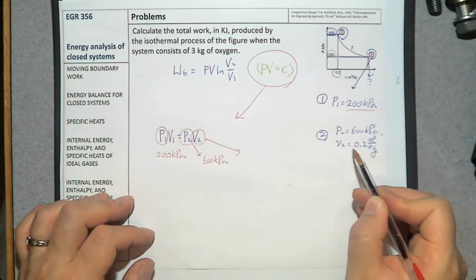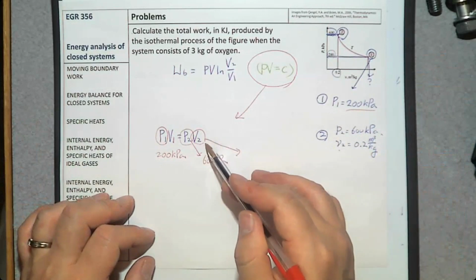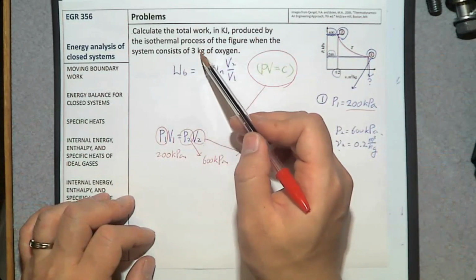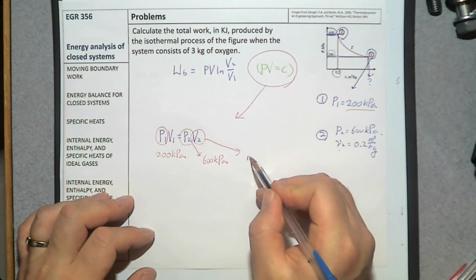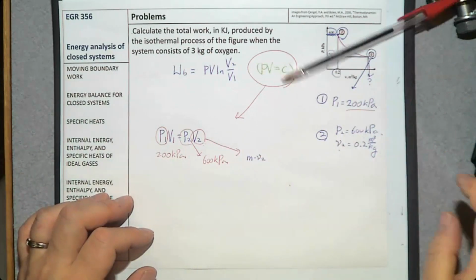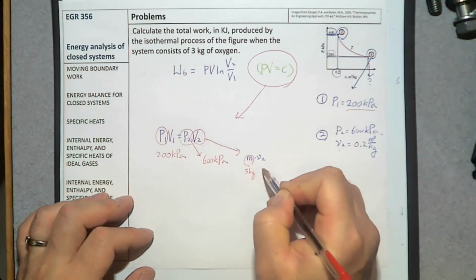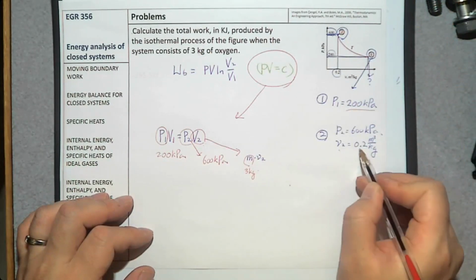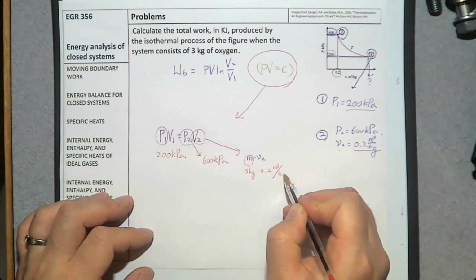0.2? No, this is the specific volume. This is the actual volume. We know the mass of the system. So if you want to determine V2, this V2 is going to be mass times specific volume v2. This mass is 3 kilograms, and this v2 is 0.2 cubic meters per kilogram.